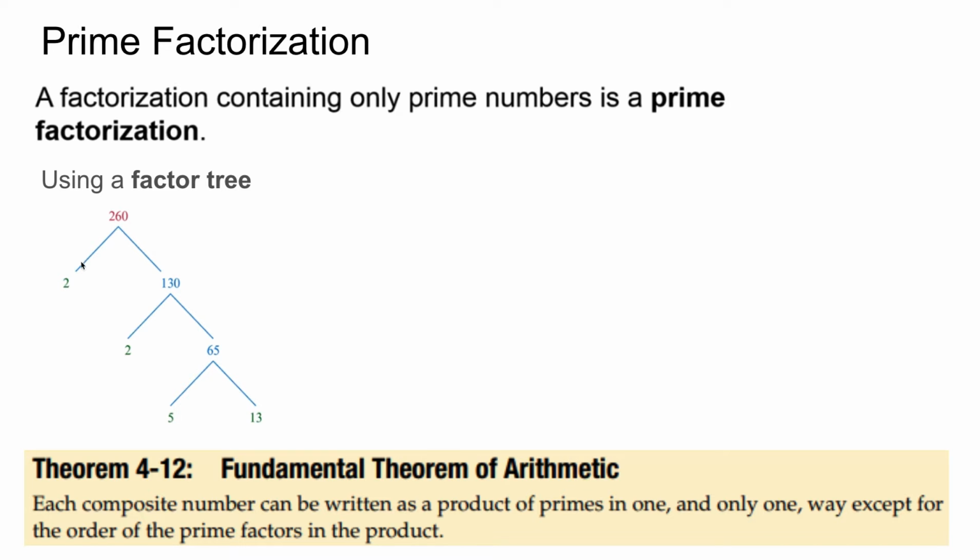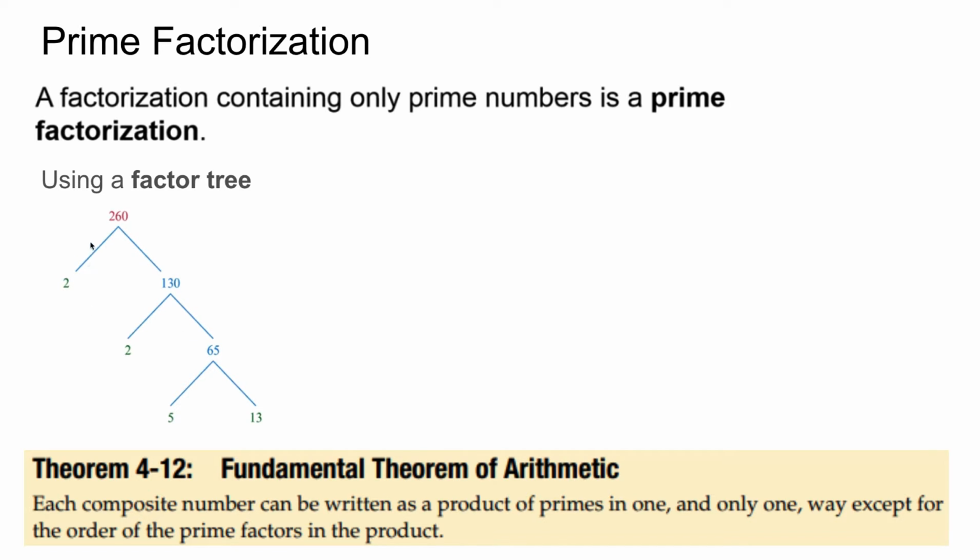Yes. 2 times what makes 260? 2 times 130 makes 260. So I will circle this. In this example, it just showed a different color. So the green colors are all the prime factors of 260. And for the blue colors, you have to keep going on and on until you cannot go any further because you have all the prime factors out.